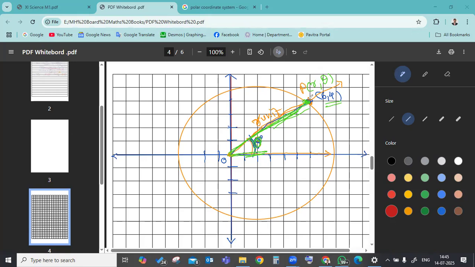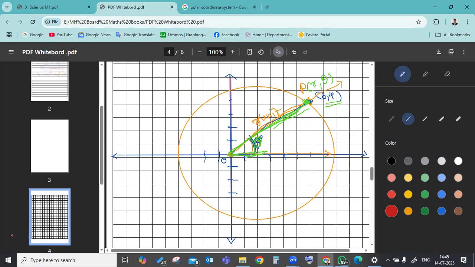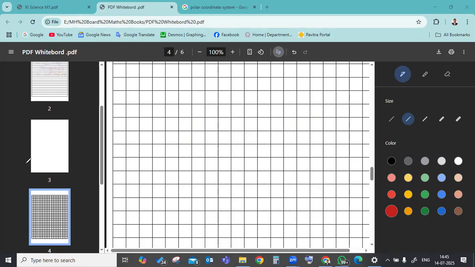Okay, so earlier we used to denote a point by its x and y coordinates.